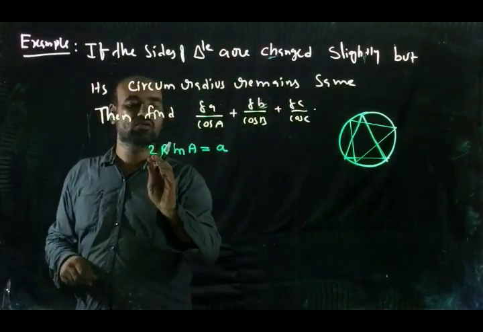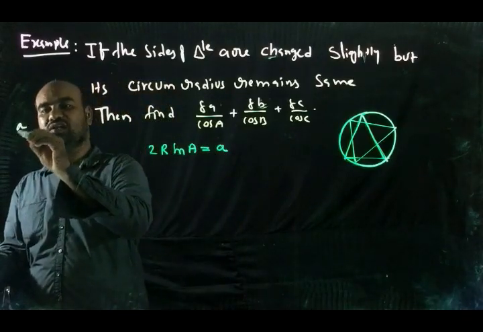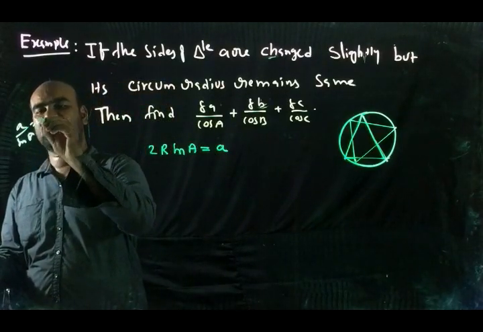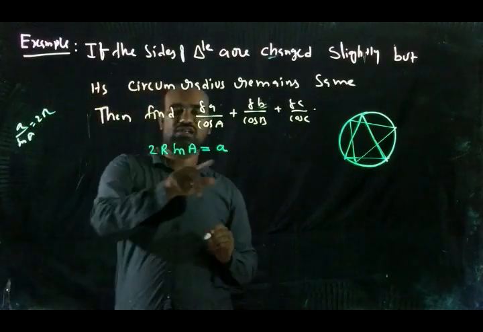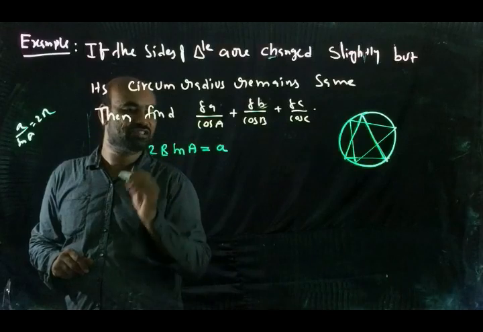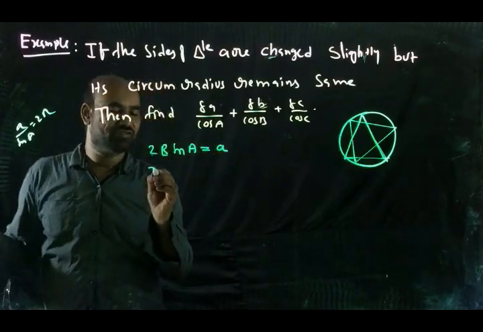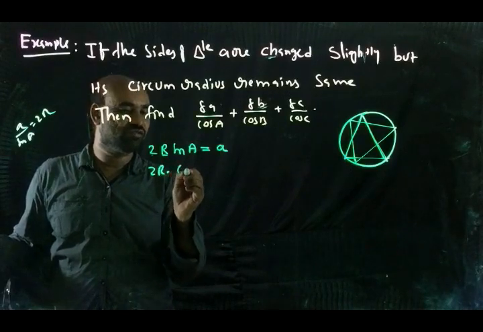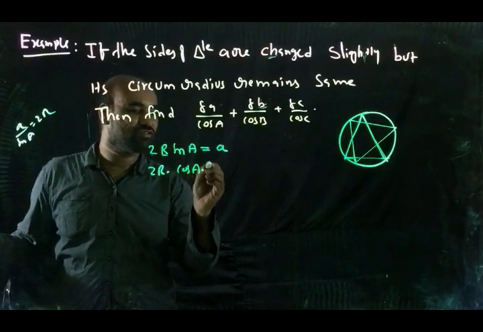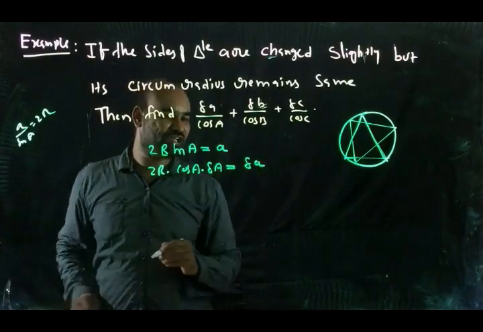By sine rule, 2R sin A equal to a. R you can remember like this. Small a by sin A equal to 2R, means small a equal to 2R sin A. Here R is constant, 2 is constant, capital A is varying, small a is varying. That's why 2R into cos A into delta A equal to delta small a.